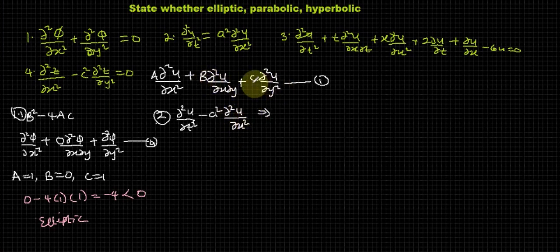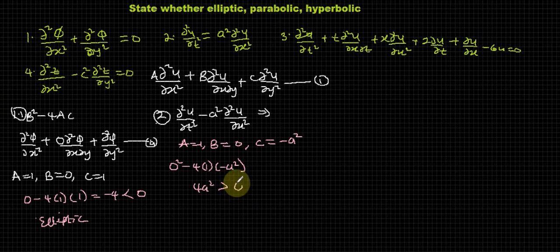Checking this and comparing it with the general form, you discover that a is equal to 1, b is equal to 0 as usual, and c is equal to −a². Let's substitute it into this formula. We are going to have 0² minus 4, a as 1, c as −a². Multiplying this, you are going to have 4a², which is greater than 0. So this is hyperbolic.